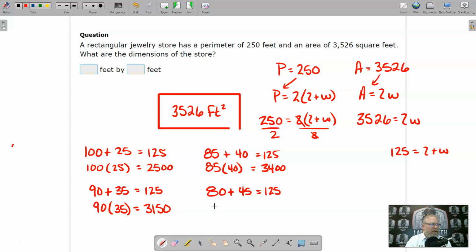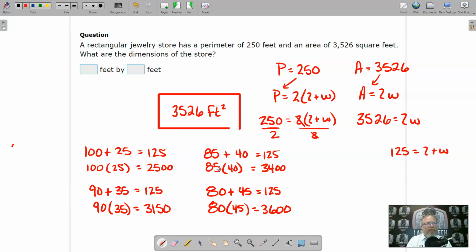So let's see, 80 times 45. I get 3,600. Well, I went from 3,400 when it was 85 and 40. Now with 80 and 45, it gets me to 3,600, which is now greater than that.